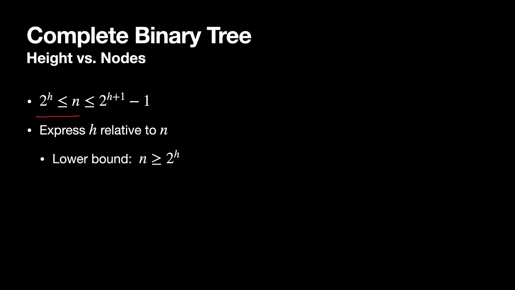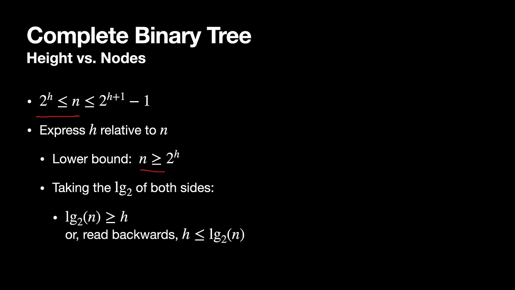It was 2 to the h is less than or equal to n, and I'm going to turn that around and read it backwards. n is greater than or equal to 2 to the h. I'm going to take the log base 2 of both sides. Using the properties of logarithms, we'll find that the log base 2 of n is greater than or equal to h. And again, reading this backwards, h is less than or equal to the log base 2 of n.